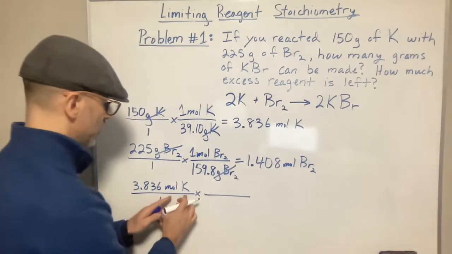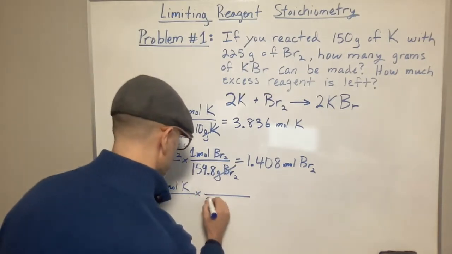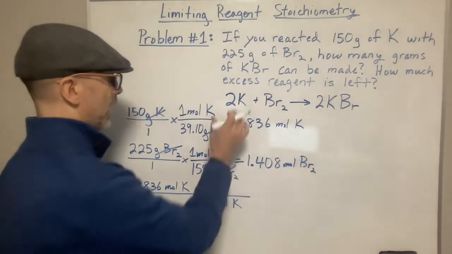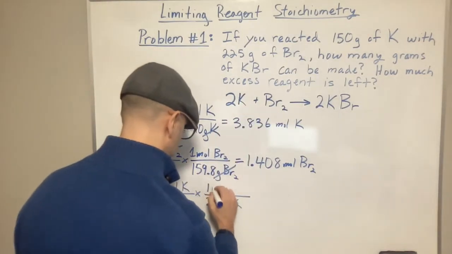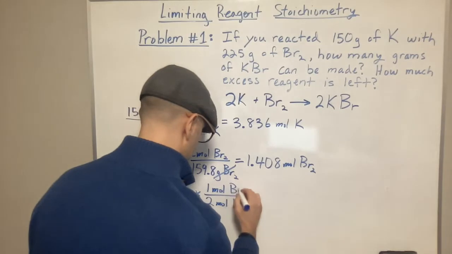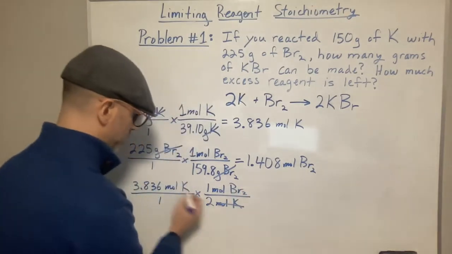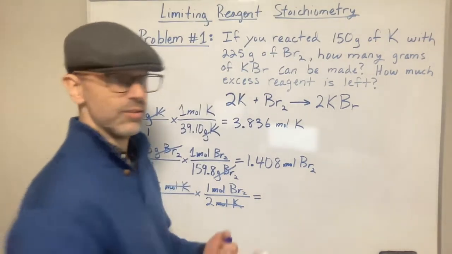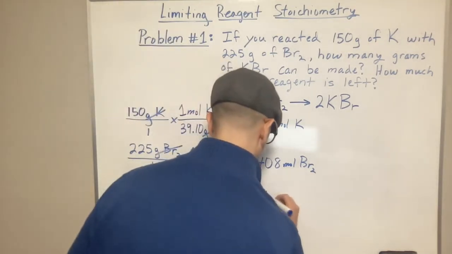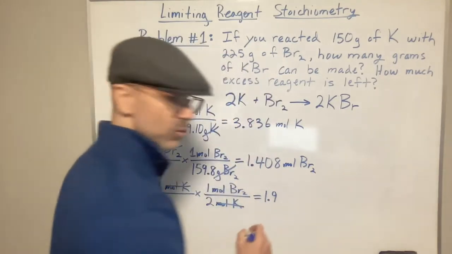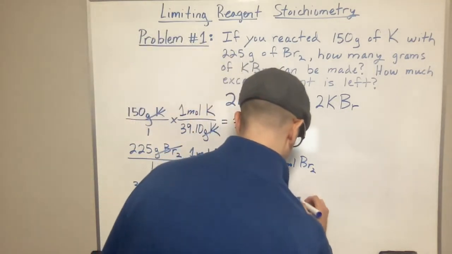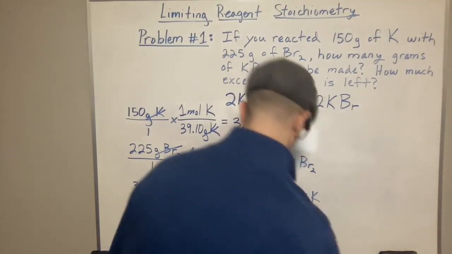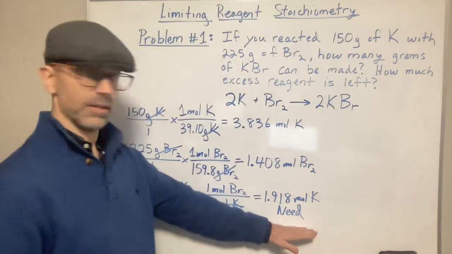So since I have moles of potassium here, I'm going to put 2 moles of potassium on the bottom, and I'm going to put 1 mole of bromine, Br2, on top. So moles of potassium cancel out, and I can calculate the amount of bromine I need. That's going to come out to 1.918 moles of bromine. That's the amount I need.